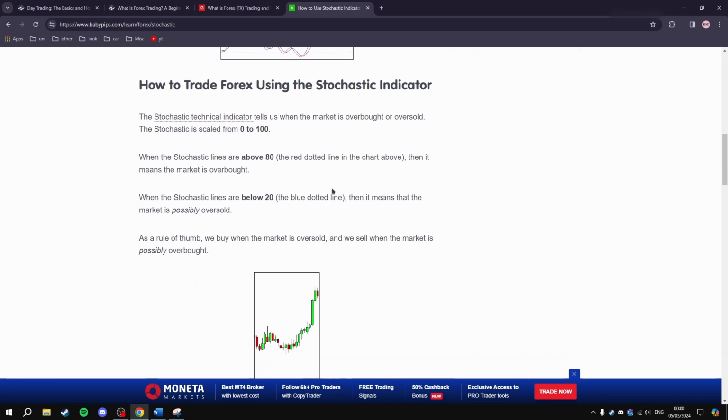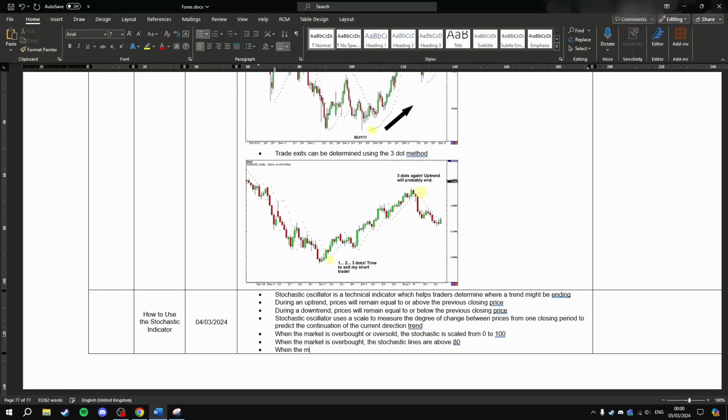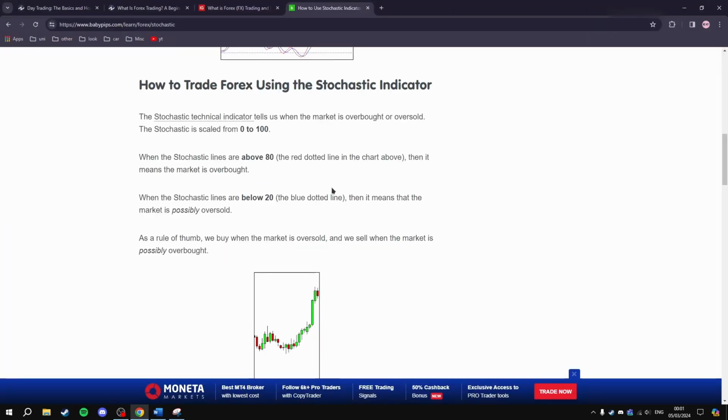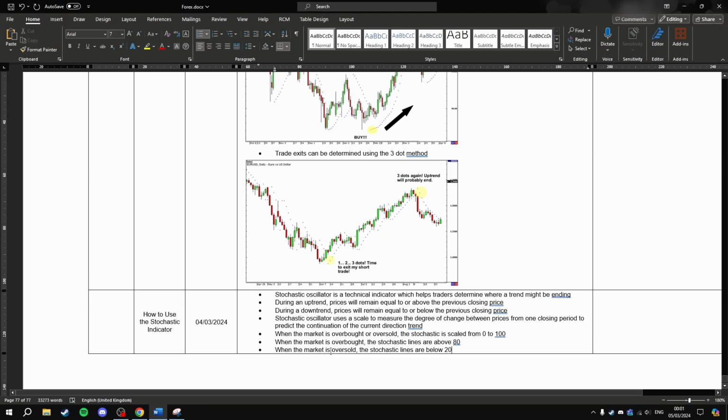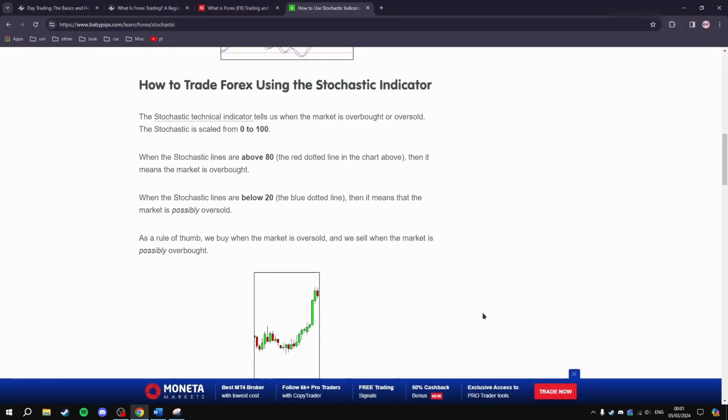When the market is oversold, the stochastic lines are below 20. As a rule of thumb, we buy when the market is oversold and we sell when the market is possibly overbought.